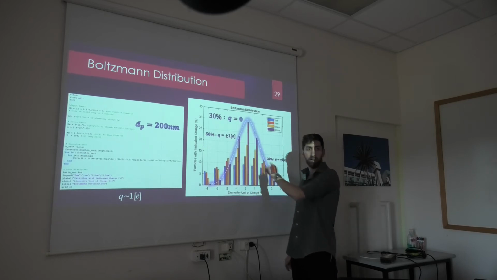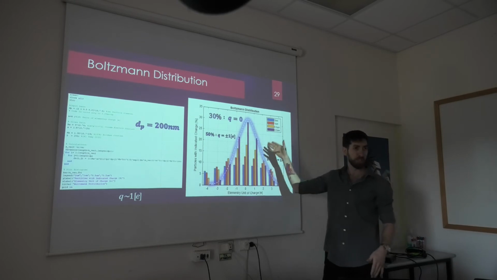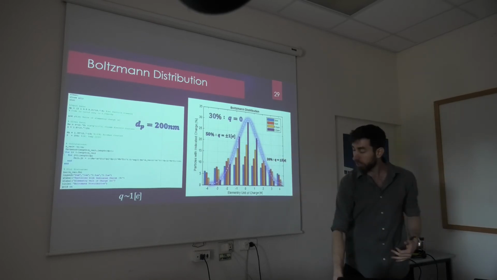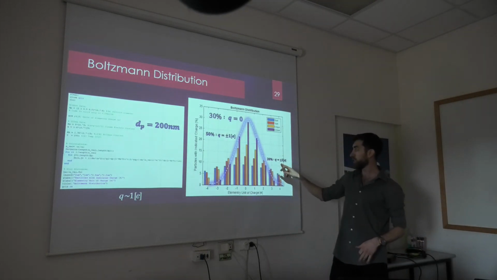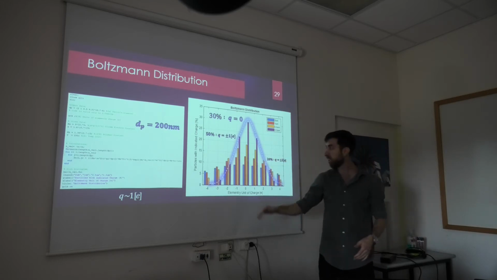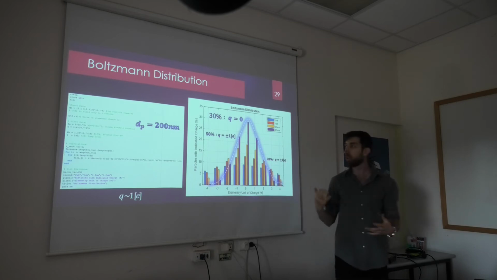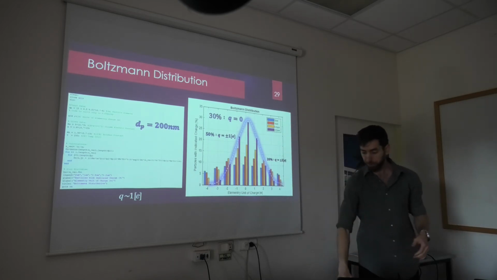And because it's a steady state, they're going to be the same value, the same amount of positive and negative. And when you go to plus 2 or minus 2 electrons, it drops down to 20%, and the rest is really negligible, right? So this is the concept, and it changes due to the diameter of the particle, okay?